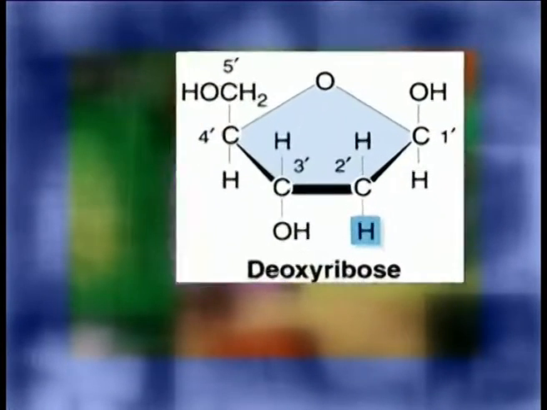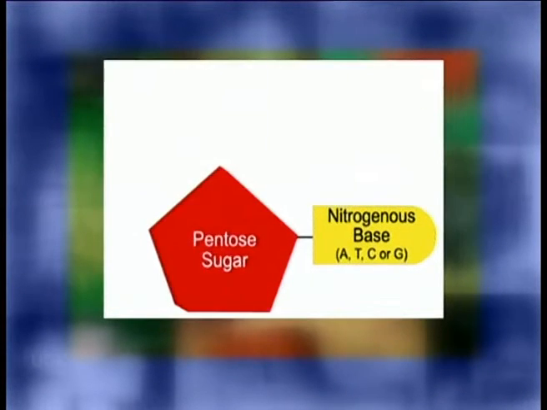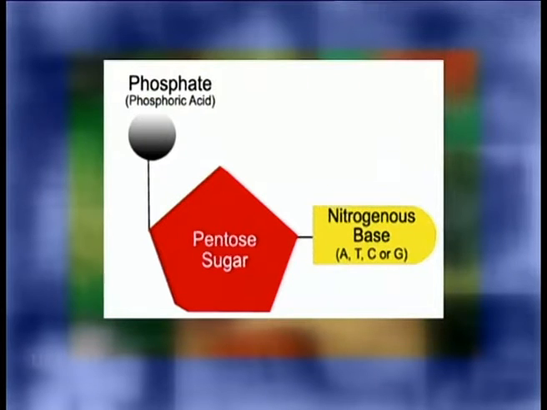In deoxyribose, an oxygen atom is missing at position 2, and hence the name deoxyribose. A nitrogen base coupled with sugar forms a nucleoside. By the addition of a phosphoric acid molecule to a nucleoside, a nucleotide is formed.